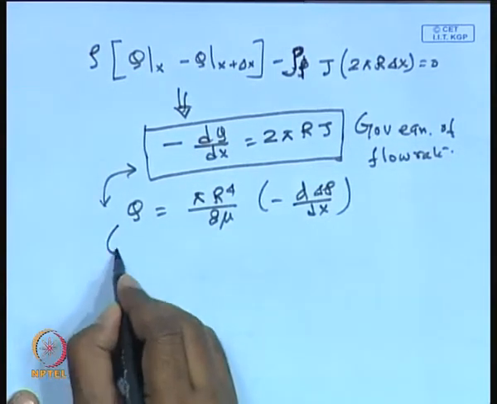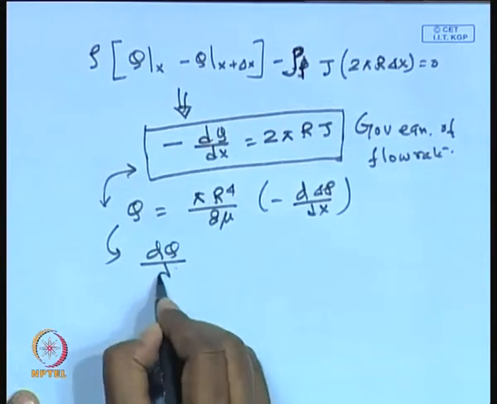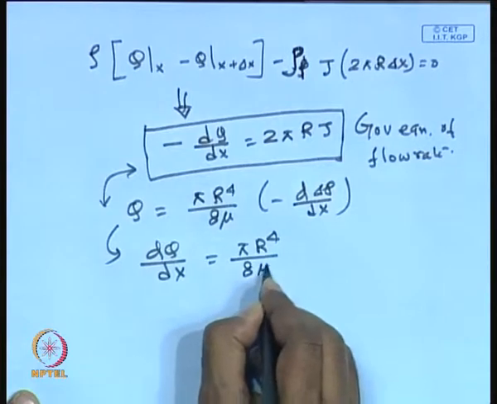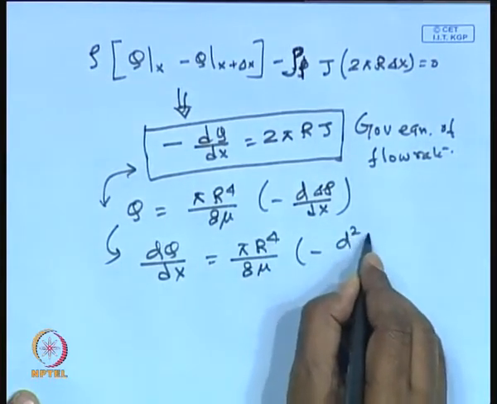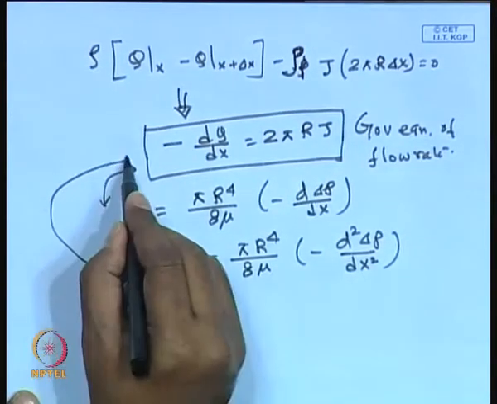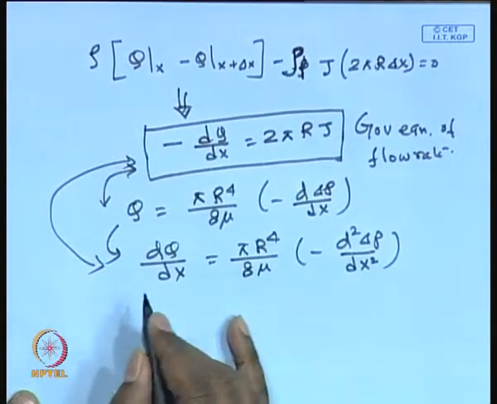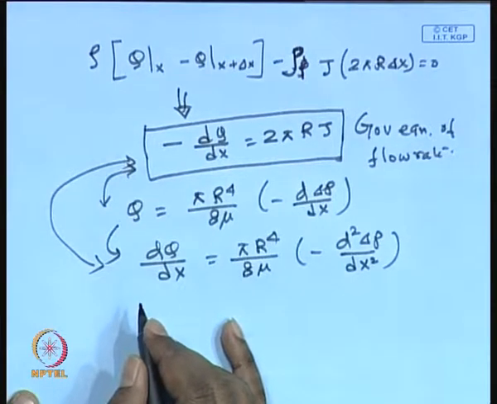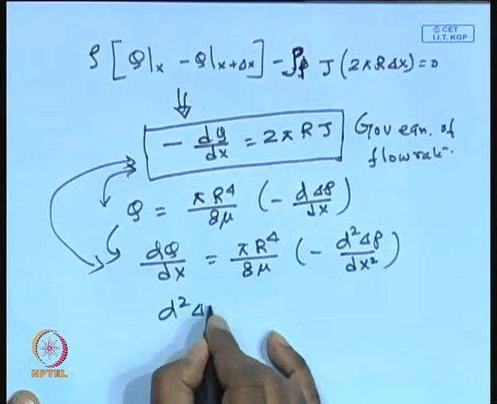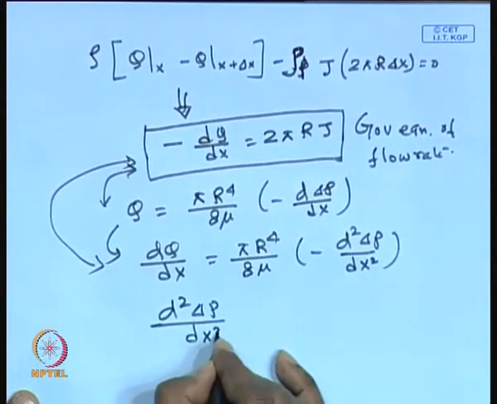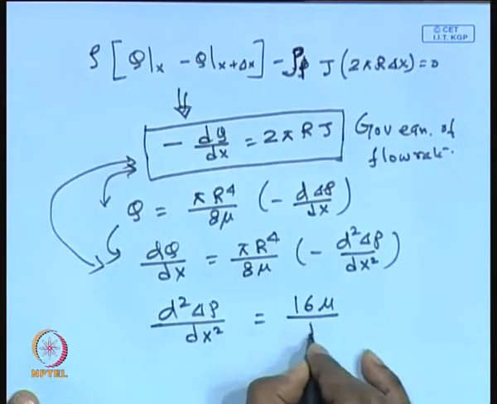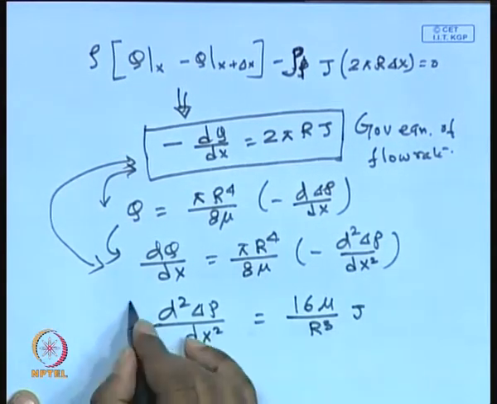So you differentiate this equation with respect to x, dq dx is nothing but pi r to the power 4 over 8 mu times minus d square delta p dx square, then equate these two. If you do that, what you will be getting is that d square delta p dx square is nothing but 16 mu over r cube times j.